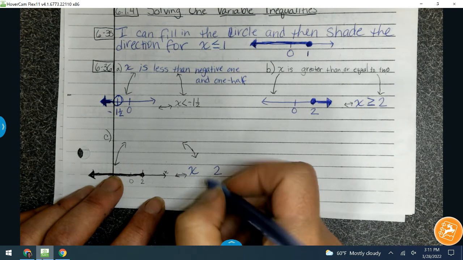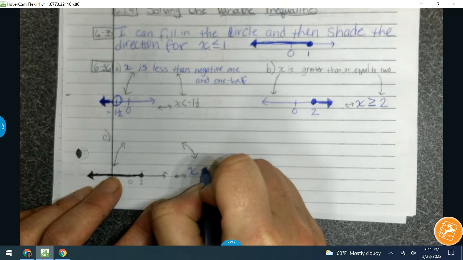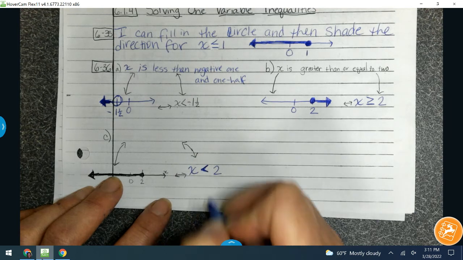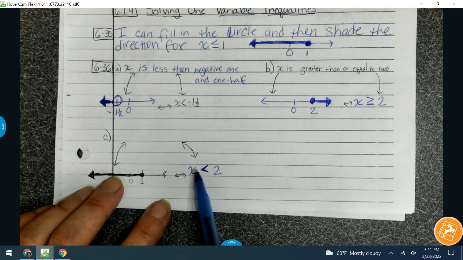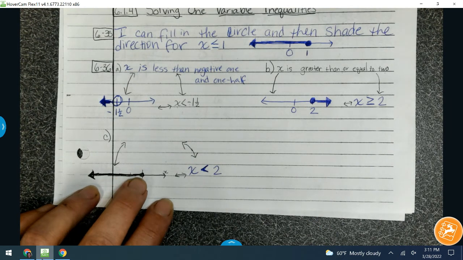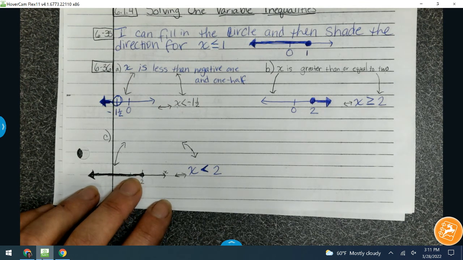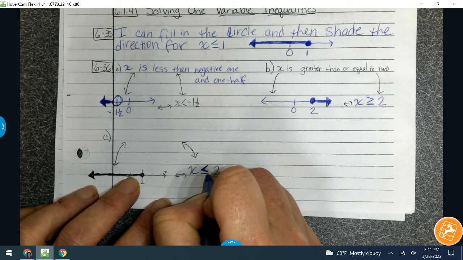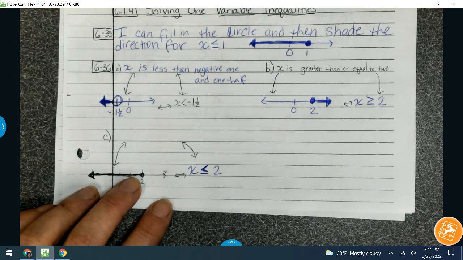In this case, it's smaller. 2 is larger than X, right? So X is less than 2. With this I have a solid dot. Do I leave it alone or do I write the line underneath? I'm going to write that line underneath because I have that solid dot.